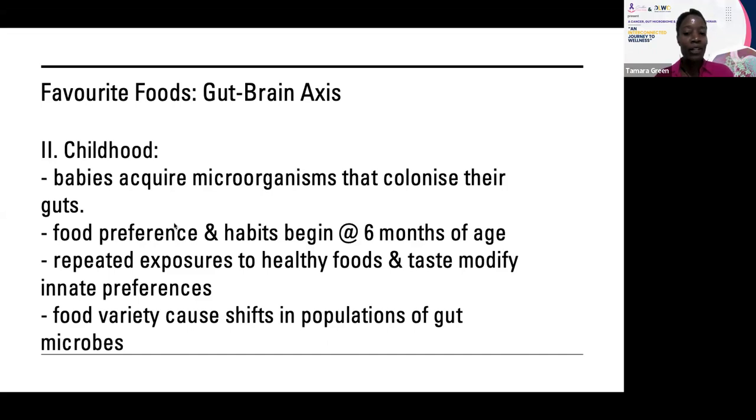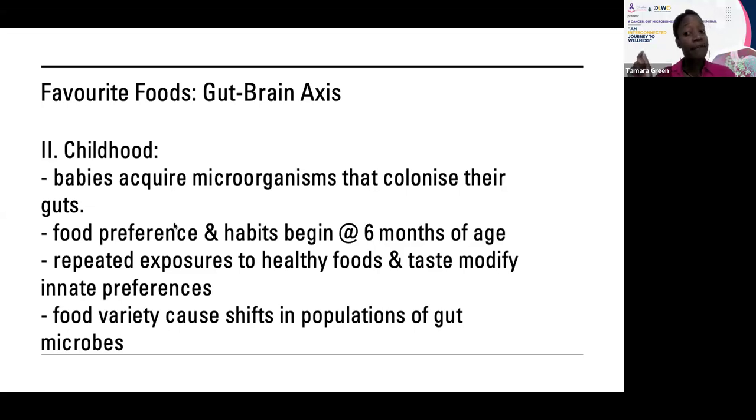And that is why, if we recall, our midwives encourage us to be careful in how we introduce vegetables first and not fruits first. It's because we're actually wiring the baby's food preference. We're actually informing the baby's food preference. And so repeated exposures to healthy foods and taste have been shown to modify the baby's innate preferences.